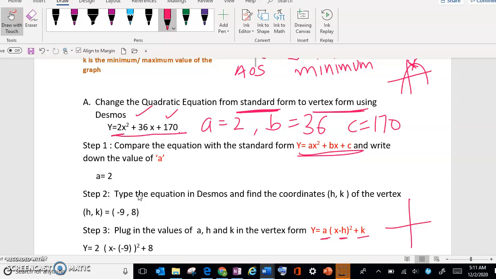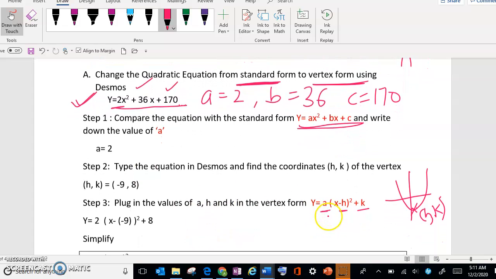When we graph this equation in the standard form, we will find the coordinates of the vertex of the graph, and the x value of the coordinate of the vertex is h, and the y value is k.